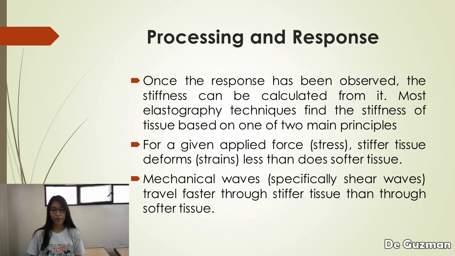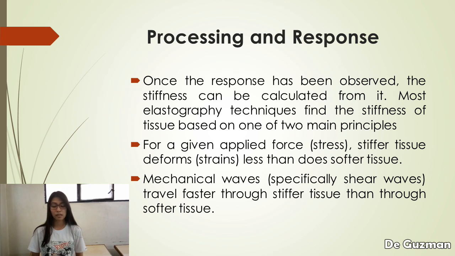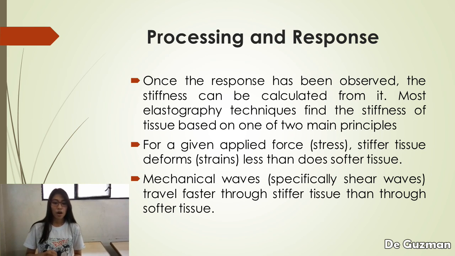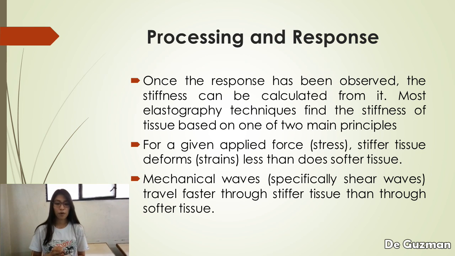Next, after the response has been observed, it is the time where the stiffness can be calculated from it. We have 2 principles that can be applied in observing the response. For a given applied force, stiffer tissues deform less than the softer tissue.